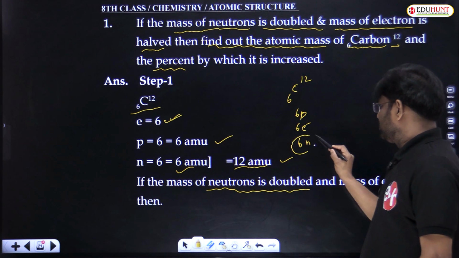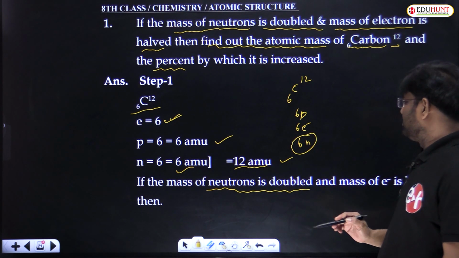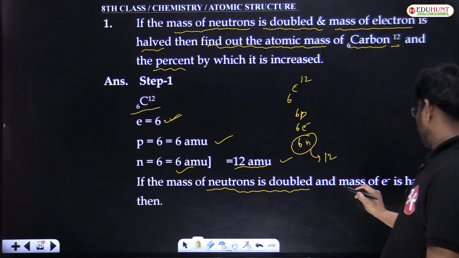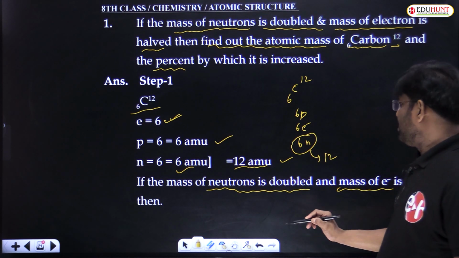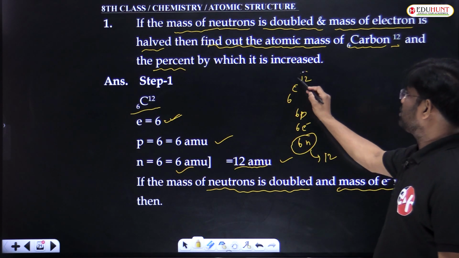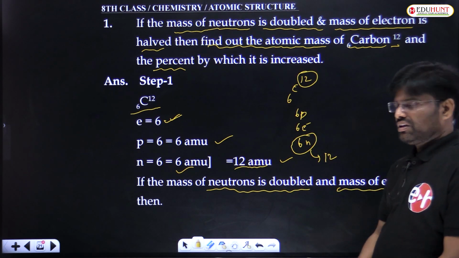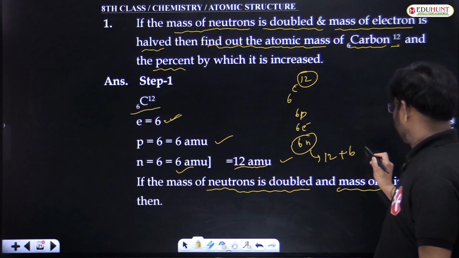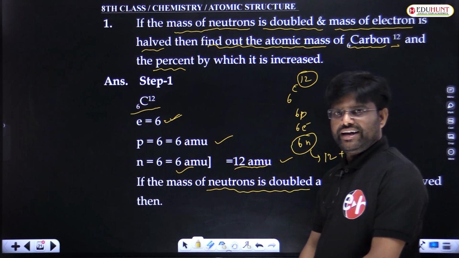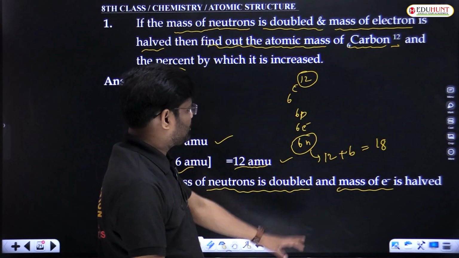Now these 6 neutrons, doubled, become 12. The mass of electron is half, so here you should add half. So total 18. Okay, 18. Now write the species.